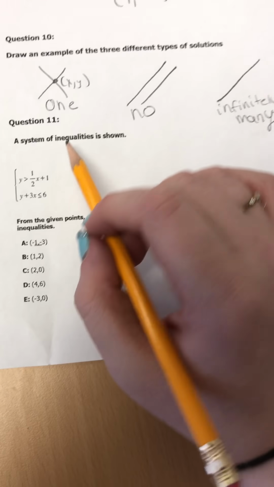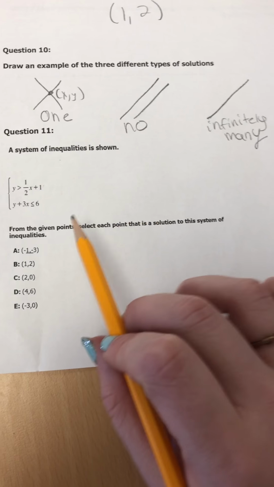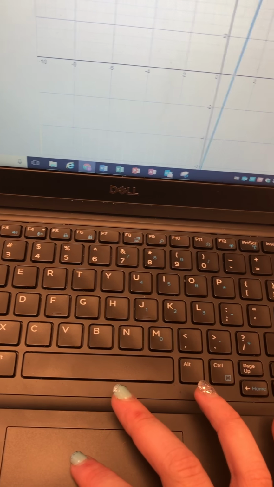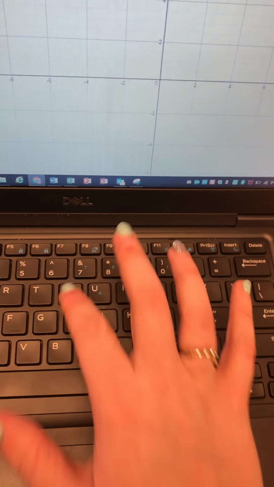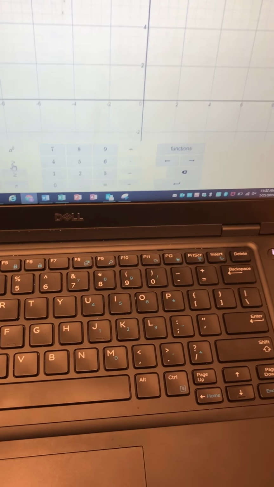All right, so back to systems. So they want us to put these in and select each point that is a solution. So I'm gonna go ahead and put those 2 in. Remember, inequality symbols are down with a keyboard.